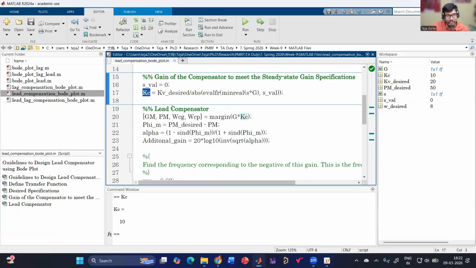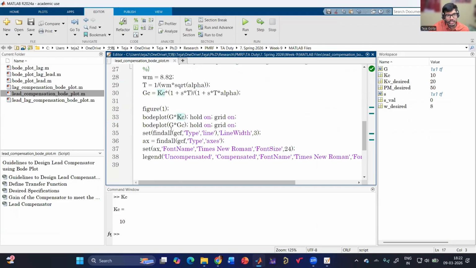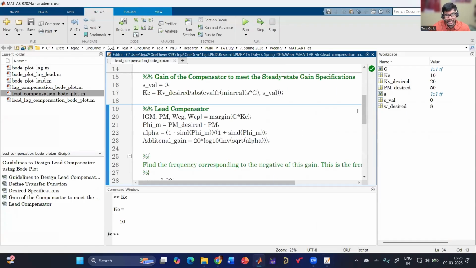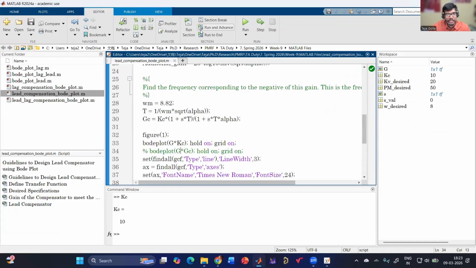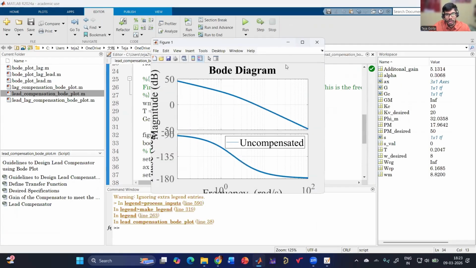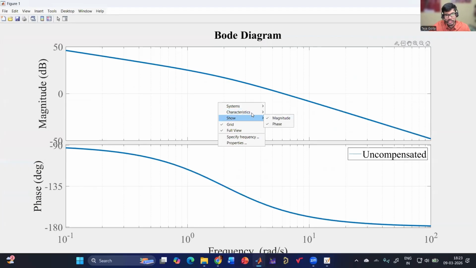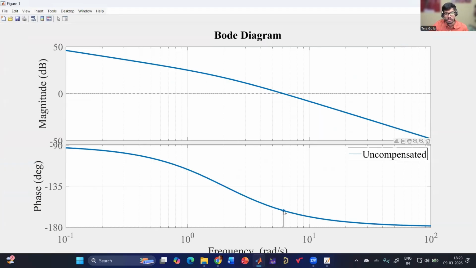Okay, so let us plot G into Kc. I'll come back to this code I am designing, but before that, let us plot K into G. Things are going to get interesting from here on. If you see the characteristics, the phase margin is 18 and the bandwidth is 6.17, which is more or less okay.